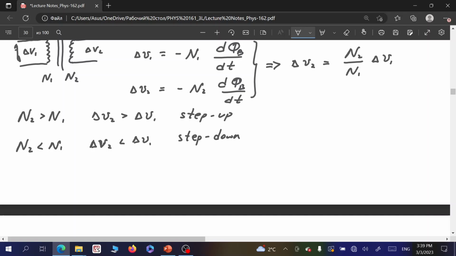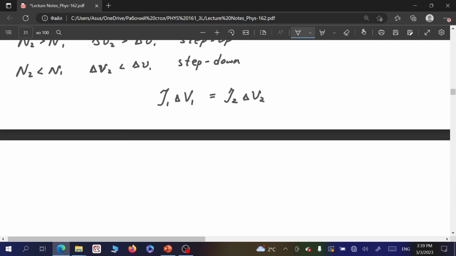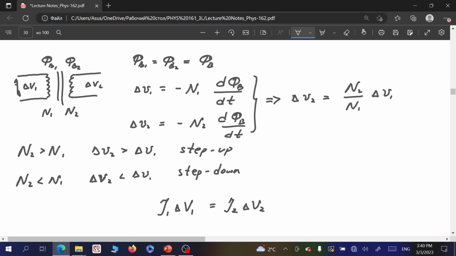So we can actually write that I1 times delta V1 should be equal to I2 times delta V2. And now usually how it works, we have some load resistor attached here. This is RL. So that's some consumer of electric power attached to the secondary coil.